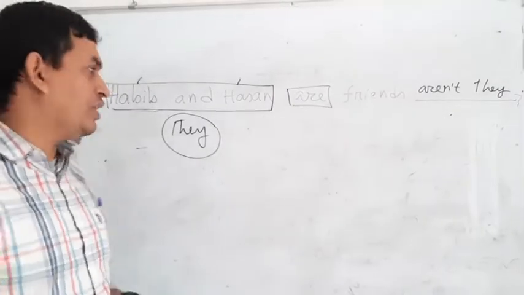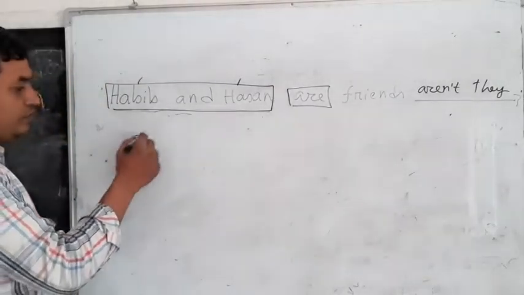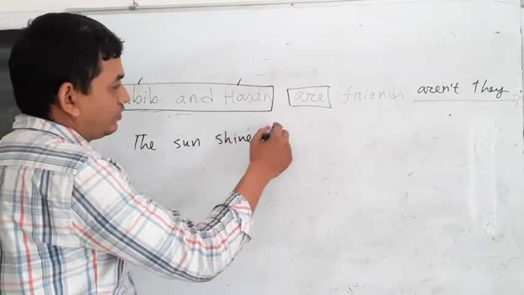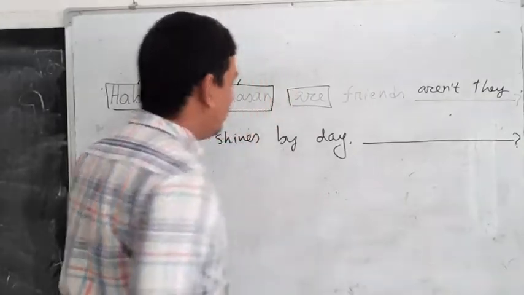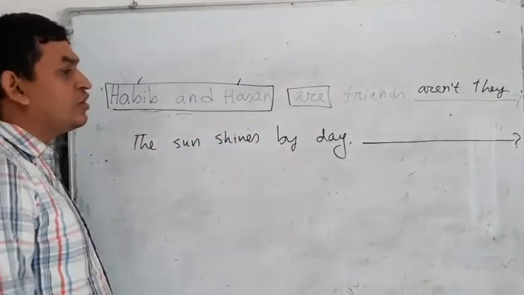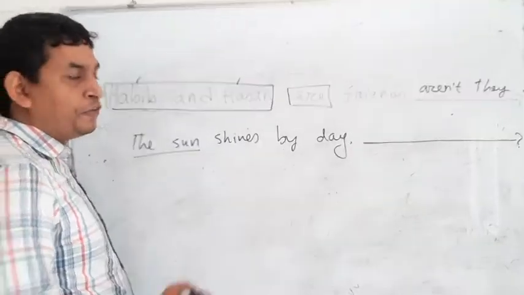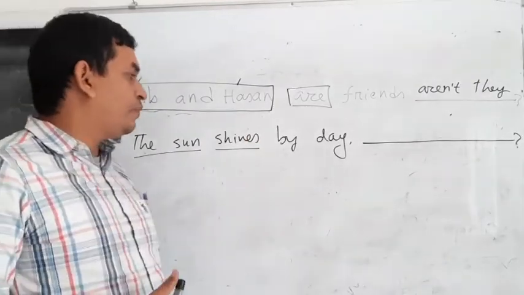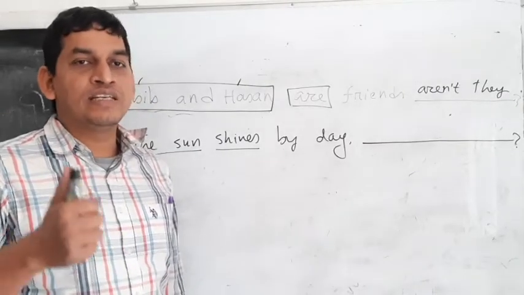Let's try another question. Here, the sun shines by day. In this sentence, the subject is the sun and the verb is shines. As the sentence possesses no auxiliary verb, we must use an auxiliary verb from don't, didn't, and doesn't.